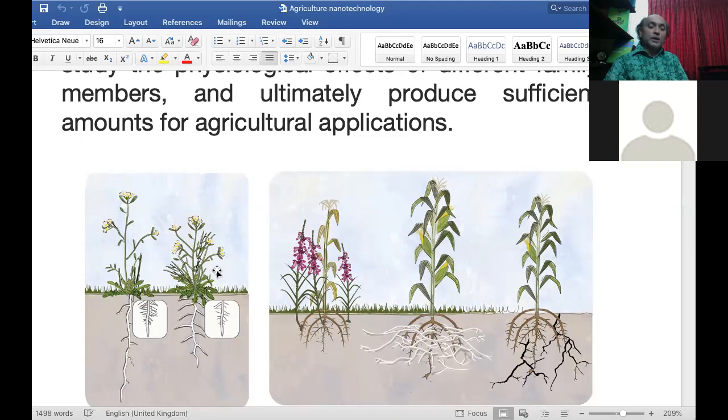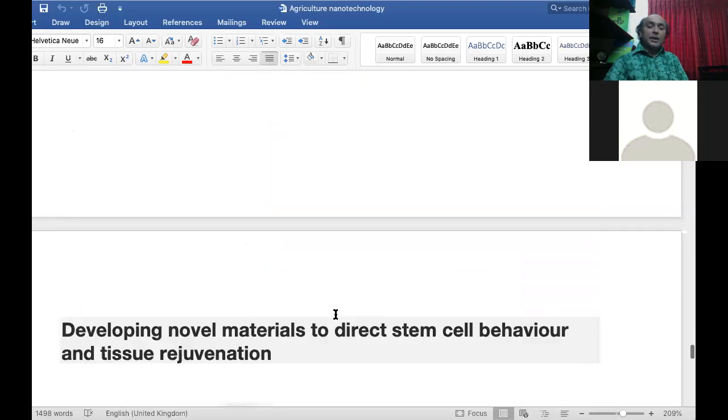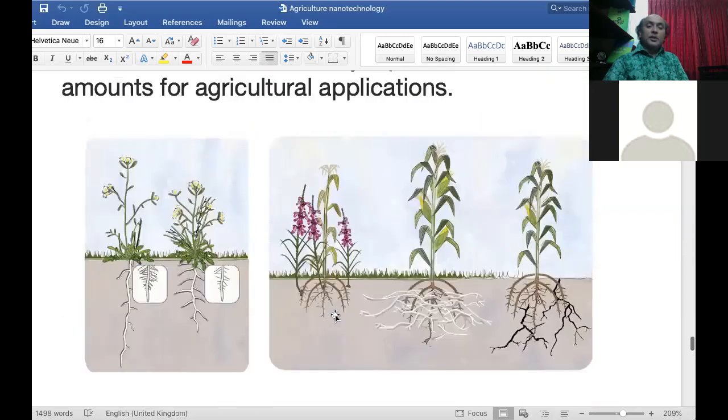So if you want to make dwarf plants, then you can use strigalactone. So it has high promise in agriculture.